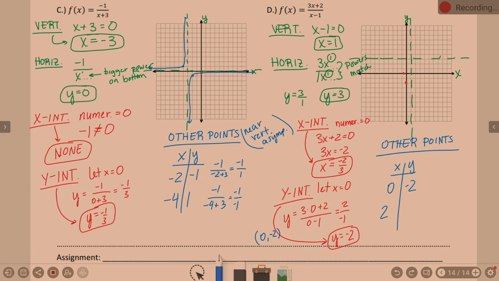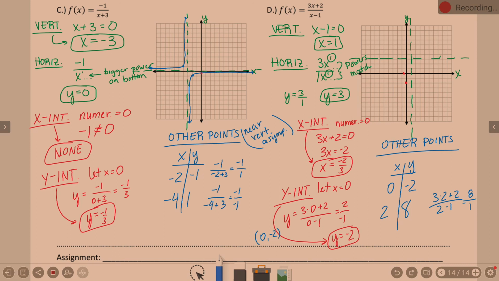So if I put in 2, 3 times 2 plus 2 divided by 2 minus 1. 8 divided by 1, which is 8. Does 2, 8 land in the place you think it should?